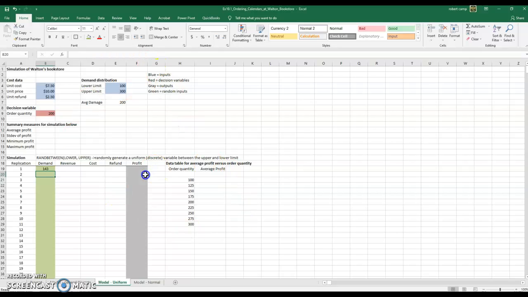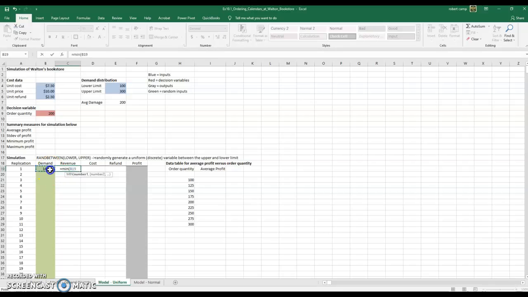And so we're going to set the rest of this up very similar to the last one. So our revenue, once again, is going to be based on how many calendars we can sell at full price, which will be the lesser of these two numbers. Because if I order 200 but demand's only 143, that's all I'm going to be able to sell.